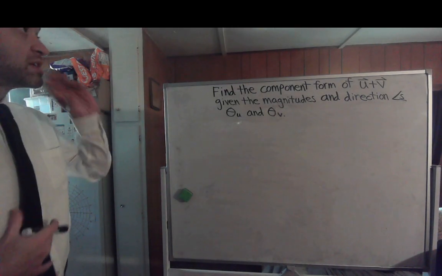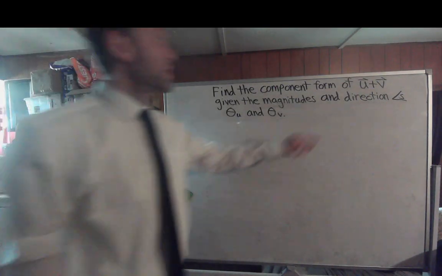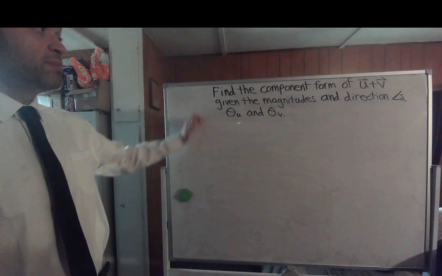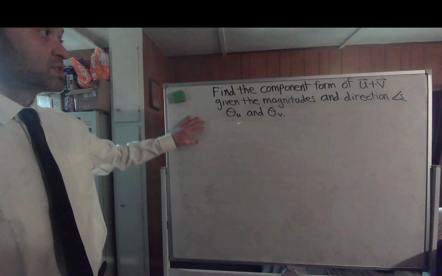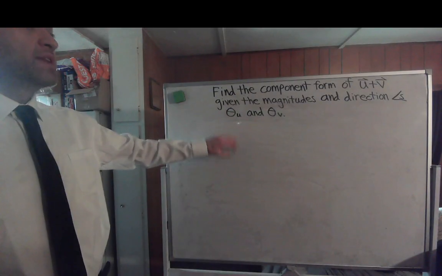Alright, so find the component form of vector u plus vector v given the magnitudes and direction angles theta sub u and theta sub v.